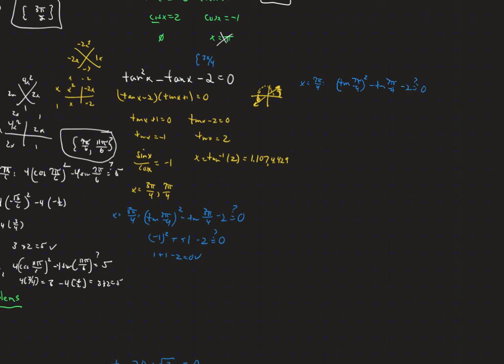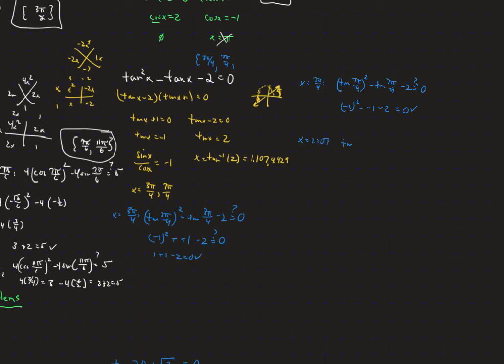So tangent of 7 pi over 4 is also going to be a negative 1 squared minus another negative 1 minus 2. And I can see, as before, that will also work. So our 7 pi over 4 is also going to make it into our solution set. Now it gets a little bit messier. We're going to try our 1.107.